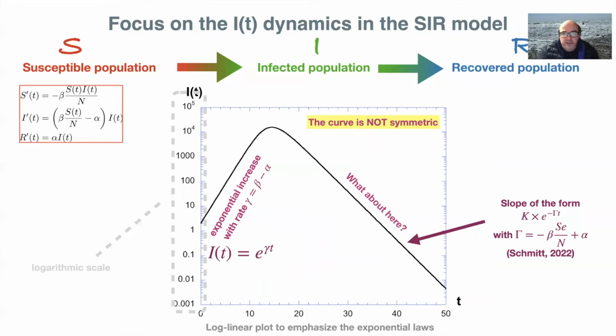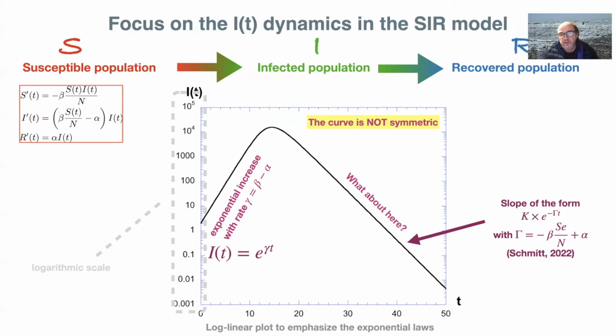For this, because it's an exponential law, the best is to represent it in a log plot. So vertically here, we have a logarithmic scale. The exponential increase is a straight line, and the slope of this straight line is small gamma.